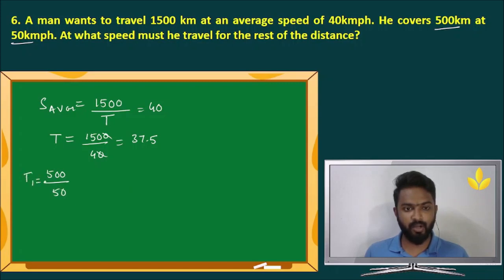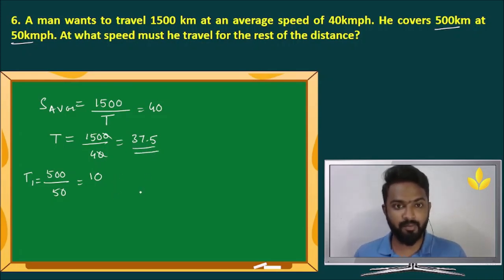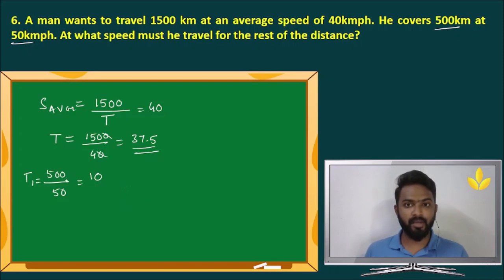This is T1. This is nothing but 10 hours. So the remaining hours is 27.5. And the remaining distance is 1000, because 500 kilometers have already been traveled. So out of 1500, 500 kilometers gone, the remaining journey is 1000 kilometers.